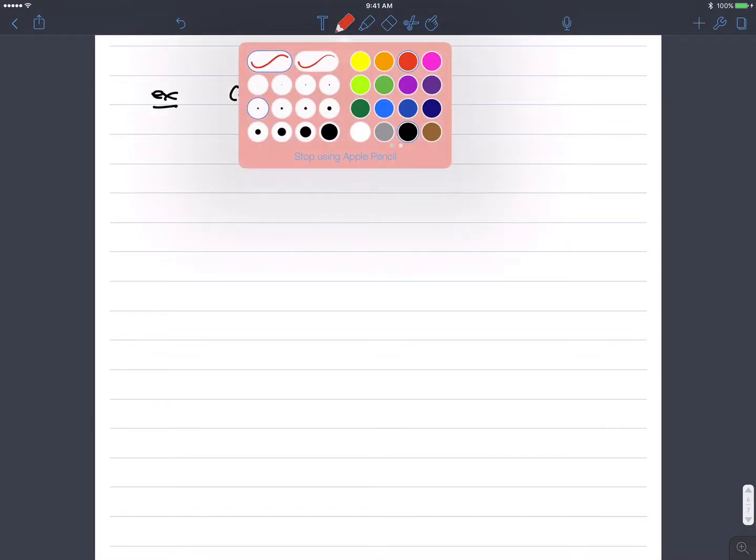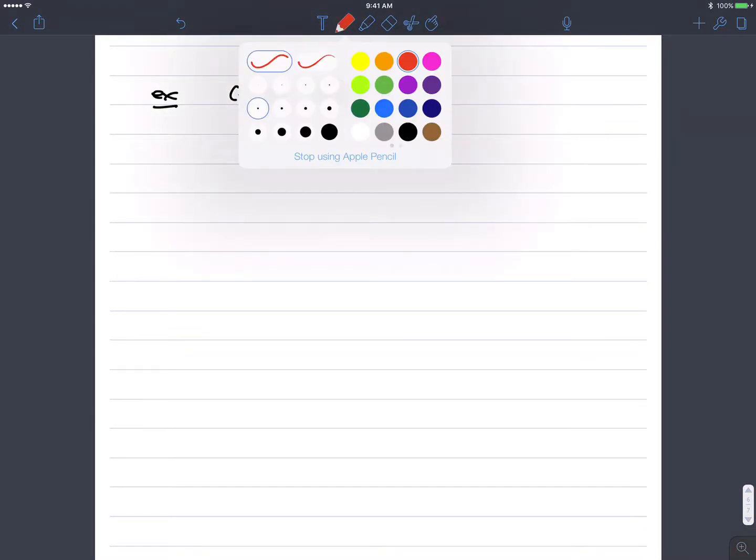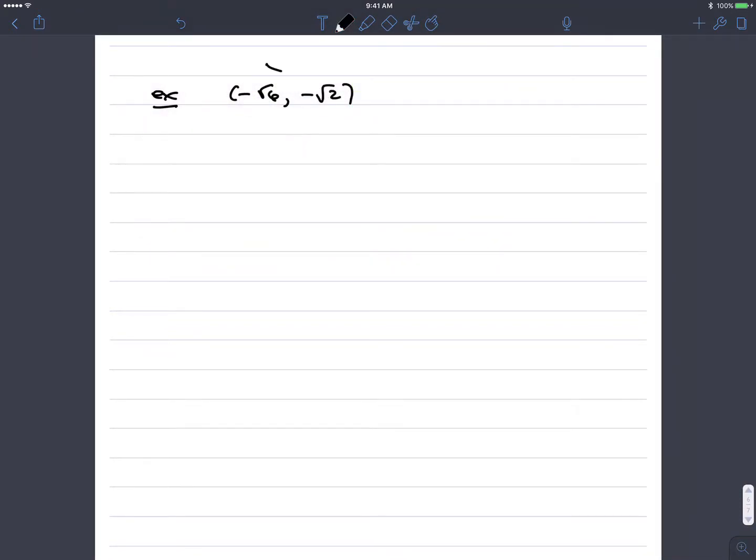Again, is this rectangular? It is. This is x and y. So let's bring out r. R squared is x squared plus y squared. Tangent theta is y over x. What's r squared?